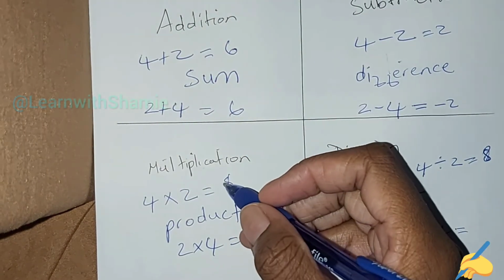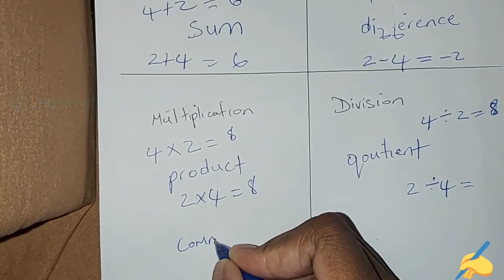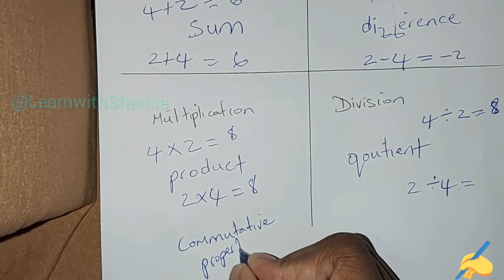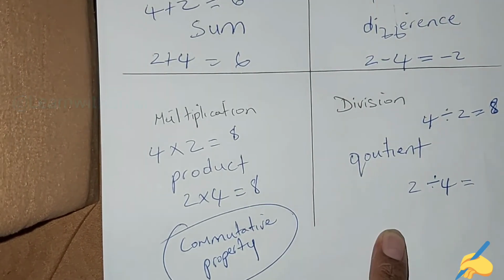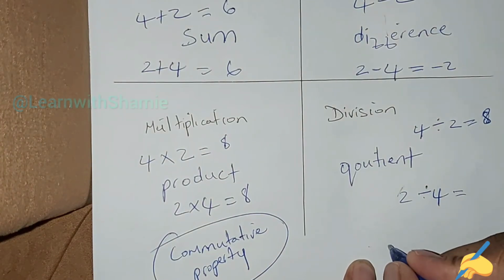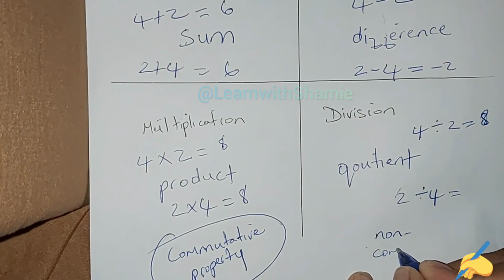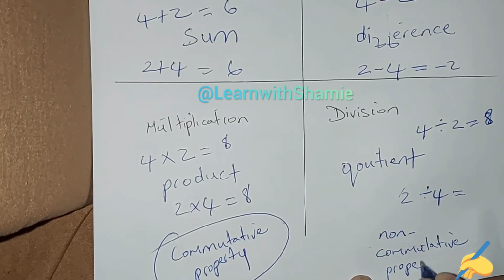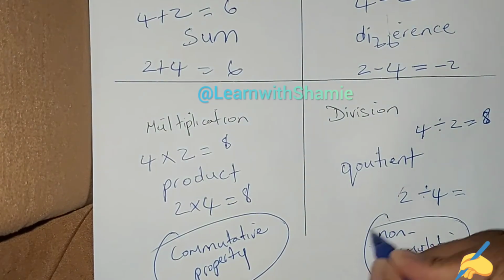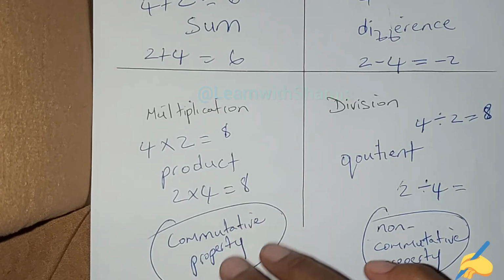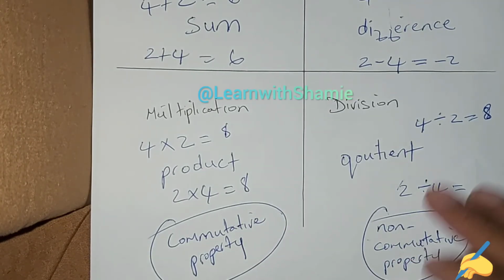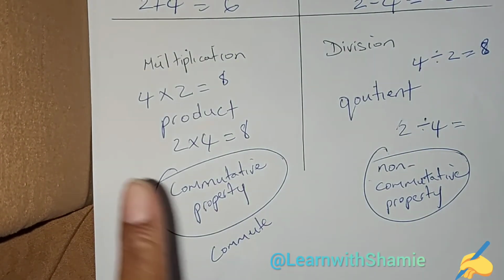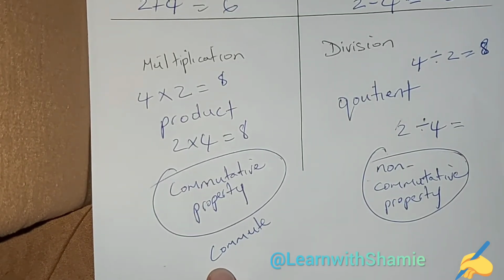So both addition and multiplication are commutative properties, and subtraction and division are non-commutative properties.